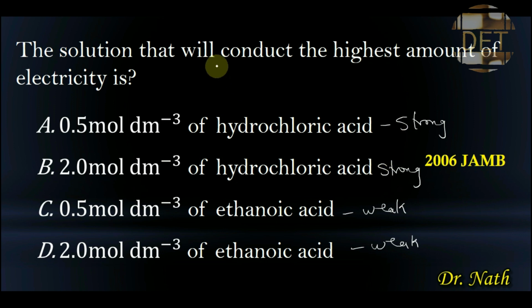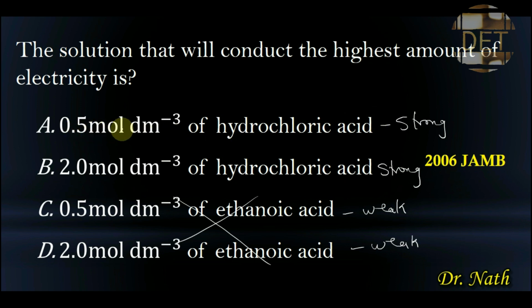So the question is, which of them will conduct the highest amount of electricity? With this, we have ruled ethanoic acid out because ethanoic acid is an example of a weak electrolyte. It will not conduct the same amount of electricity as hydrochloric acid because hydrochloric acid is a strong electrolyte.